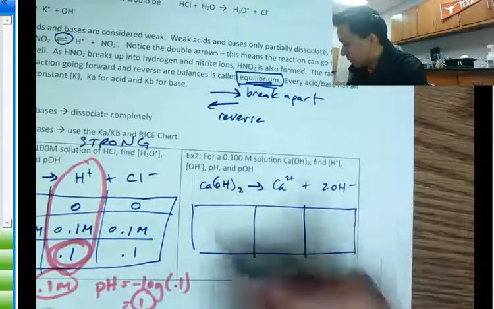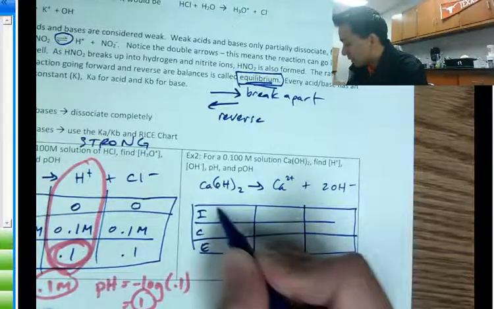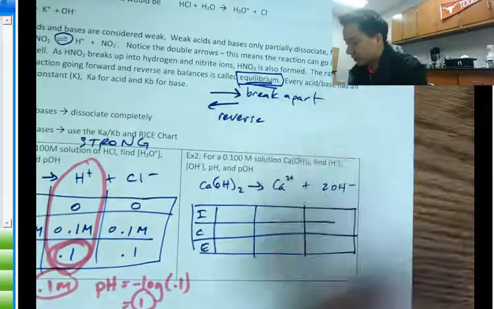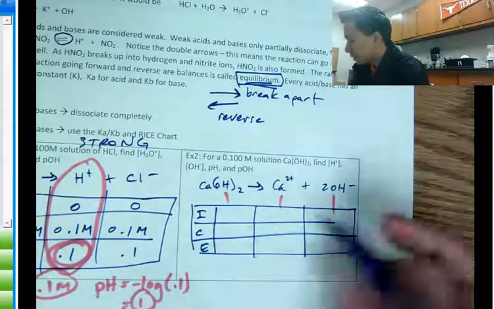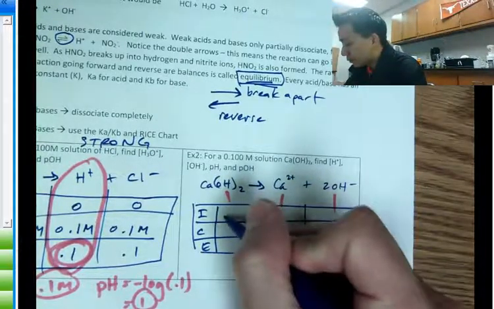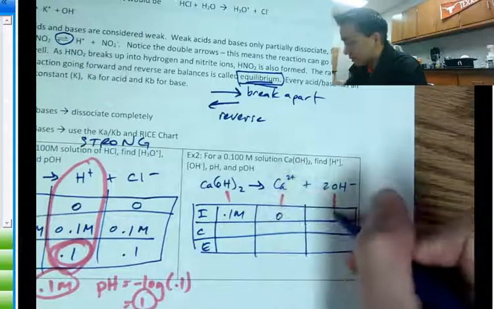Here, this column corresponds with CaOH, this column Ca, this column's OH. So we originally start with 0.1 molar of CaOH. We start with 0 of both of those.